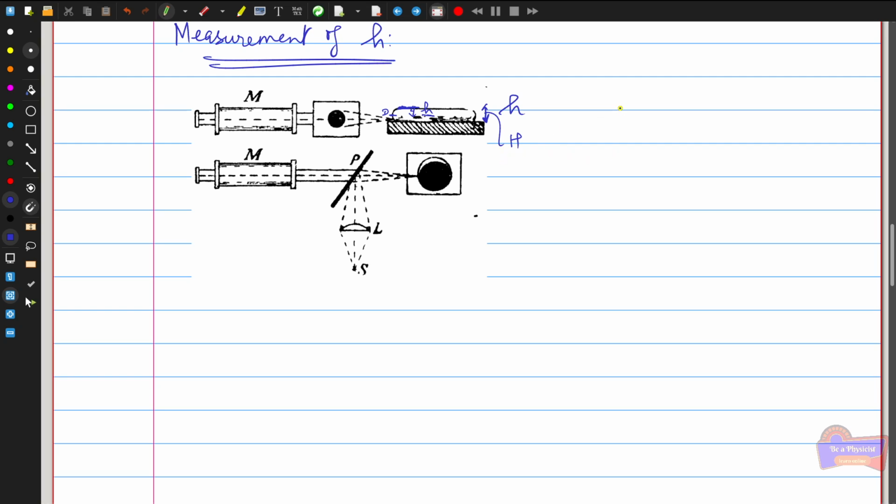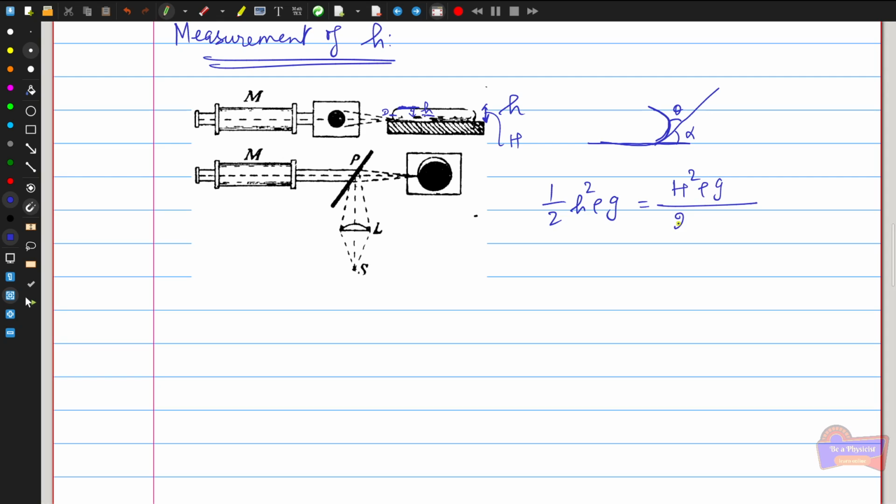Similarly, you can also measure the angle of contact. This is the horizontal surface of the glass plate, and this is the mercury liquid part. Suppose you find this angle of contact alpha, then you can easily find theta. We already have the relation H squared rho g divided by 2, which is equal to h squared rho g divided by 2 times 1 plus cos alpha.